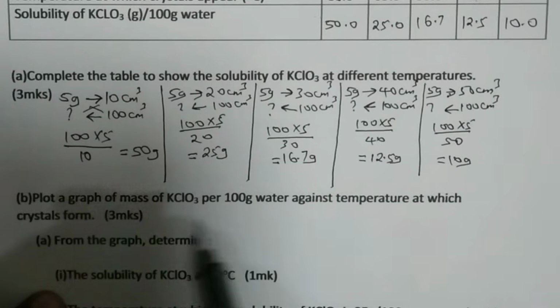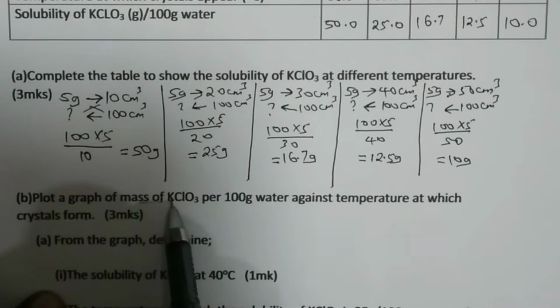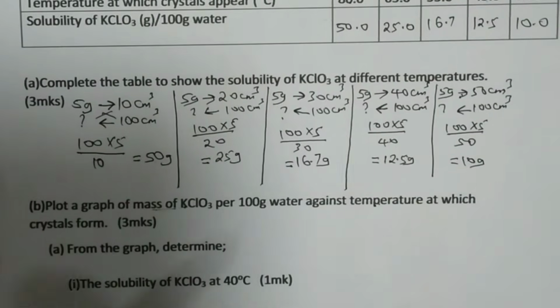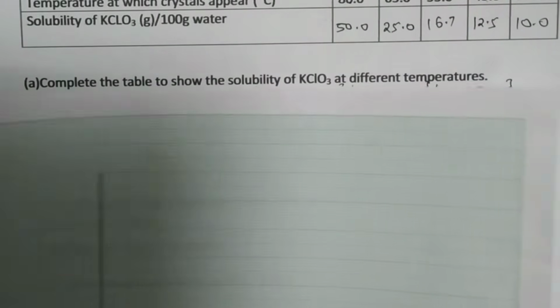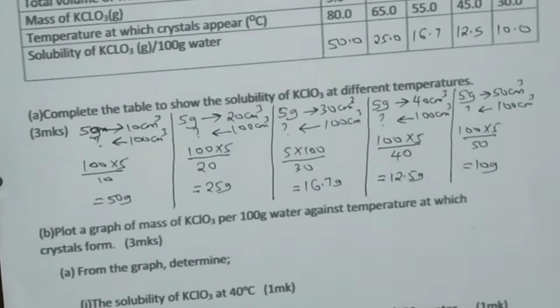In this case, if you look at our graph, it is the mass on the vertical axis against the temperature on the horizontal axis. Let us have our graph paper here. So let us now have our graph paper, then try to plot this particular graph.